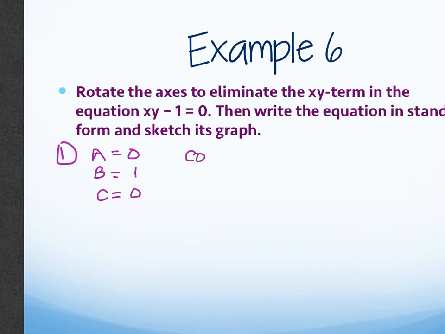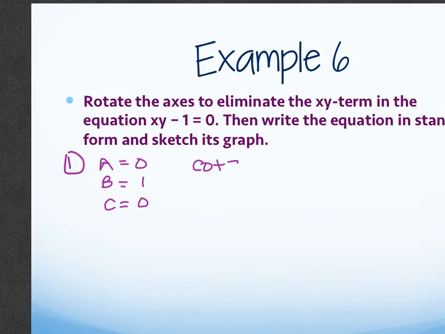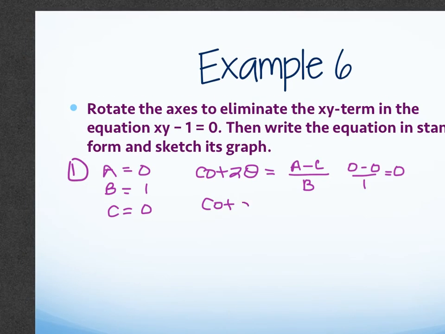And then cotangent of 2 theta is A minus C over B. So this is 0 minus 0 over 1, which is what? 0. So cotangent of 2 theta equals 0.